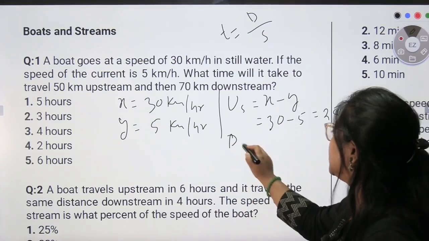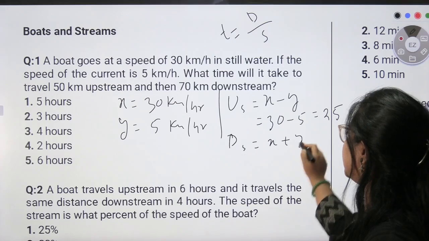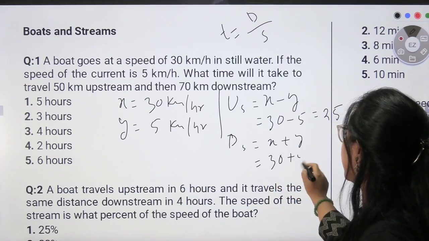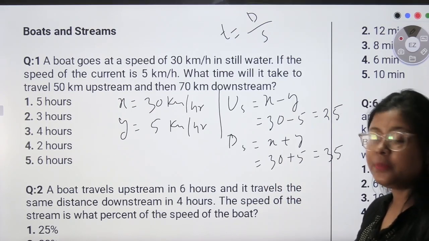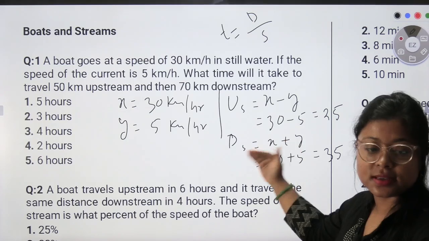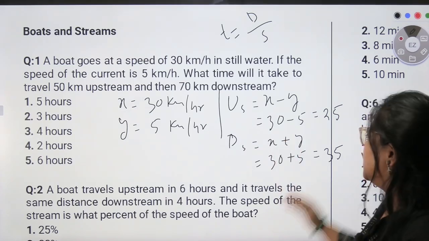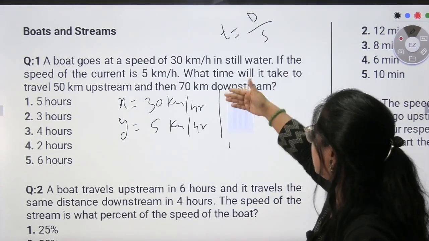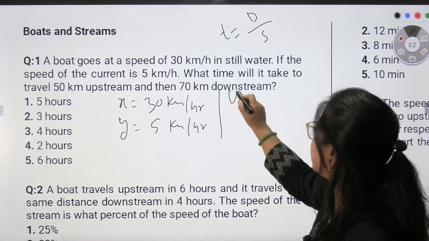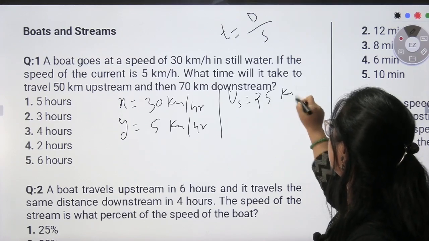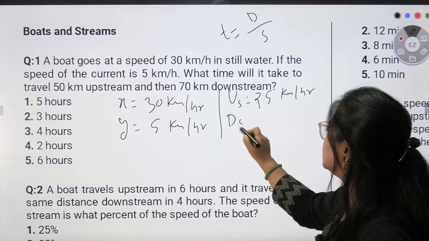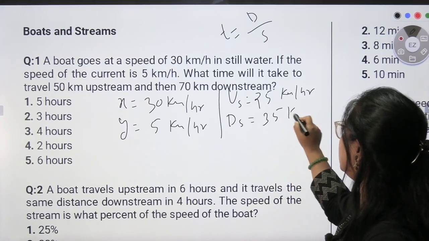Downstream speed is x plus y, that means 30 plus 5, which is 35 km per hour. So upstream speed is 25 km per hour and downstream speed is 35 km per hour.